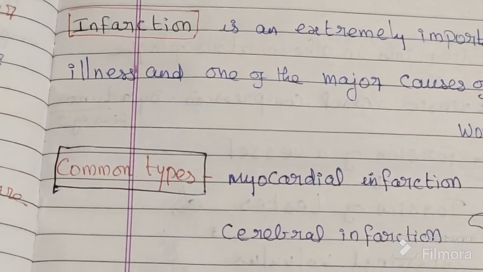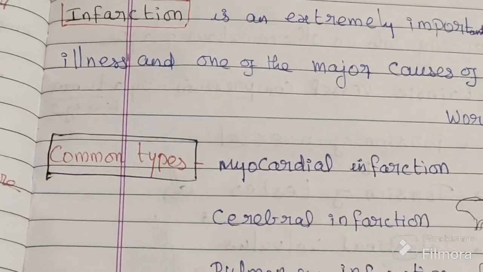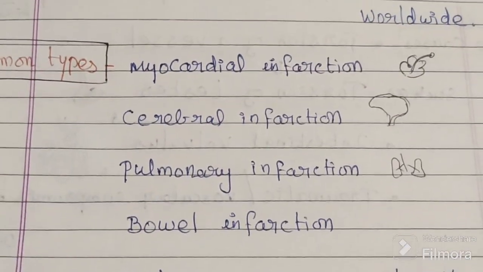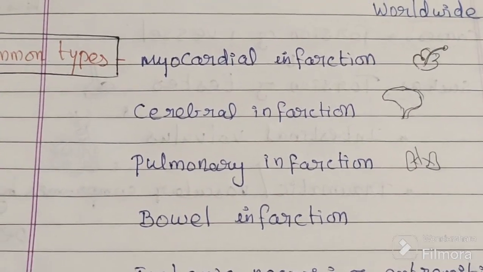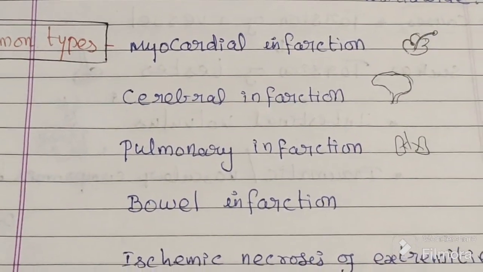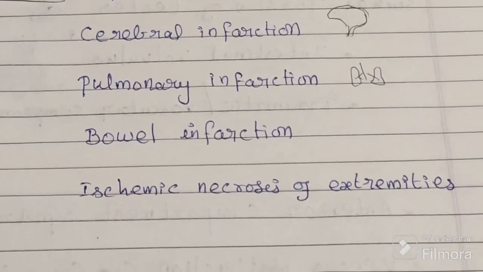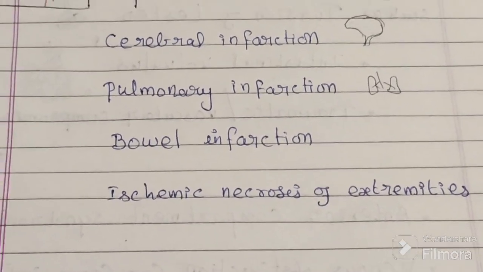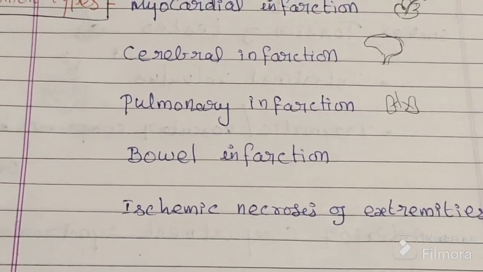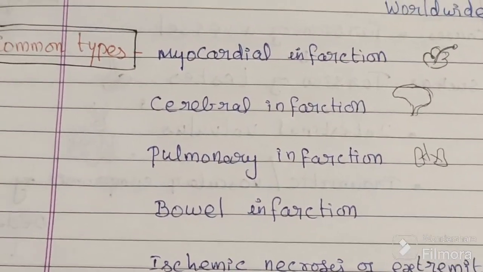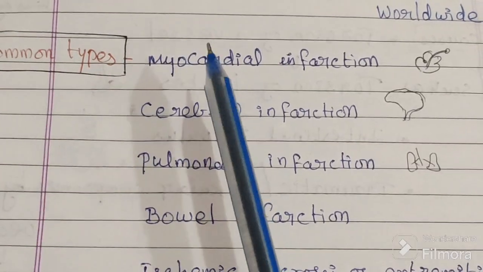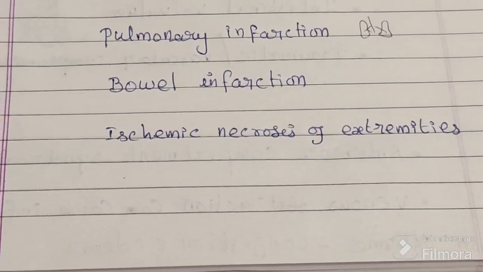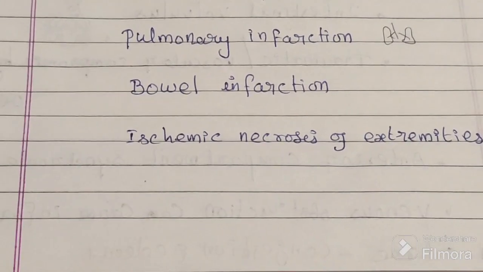Then next, let's discuss the causes of infarction. Common causes are myocardial infarction, cerebral infarction, pulmonary infarction, bowel infarction, and ischemic necrosis of extremities.